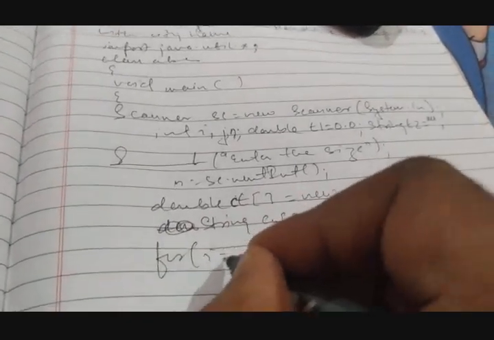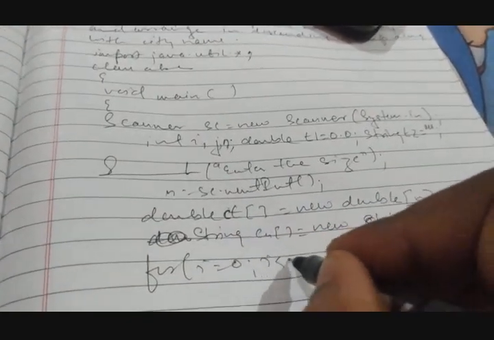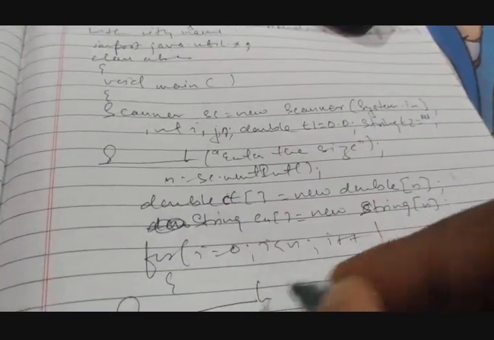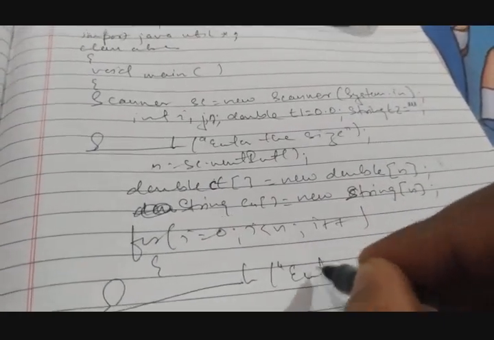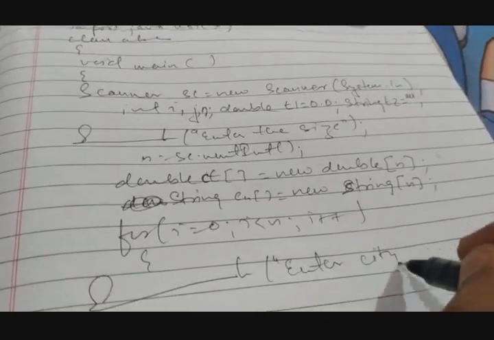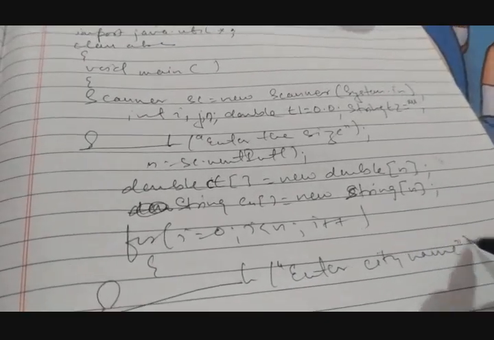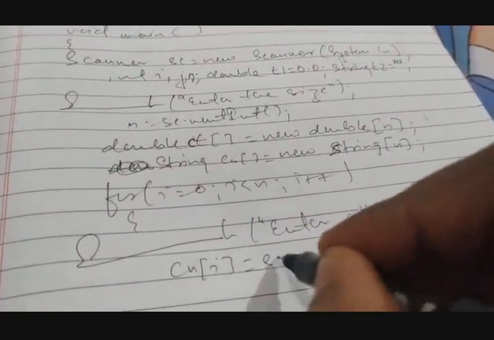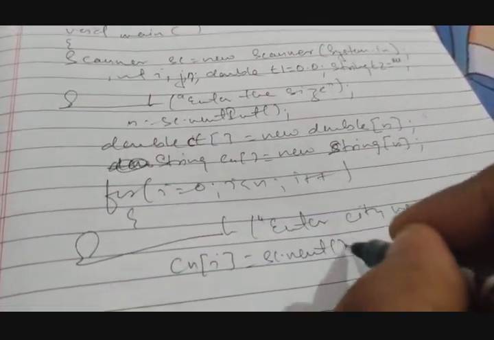For i equals to 0, i less than n, i plus plus, sop enter city name, cn of i equals to sc dot next method.